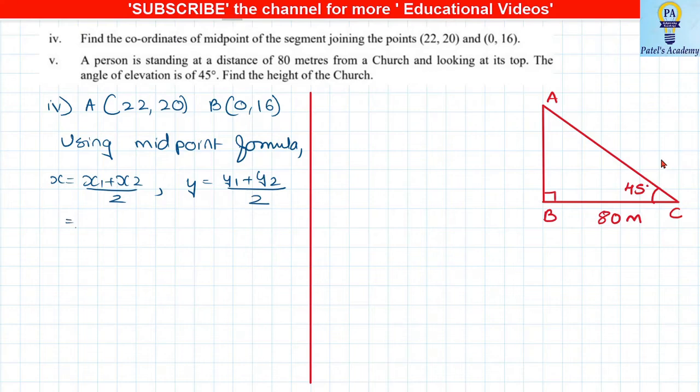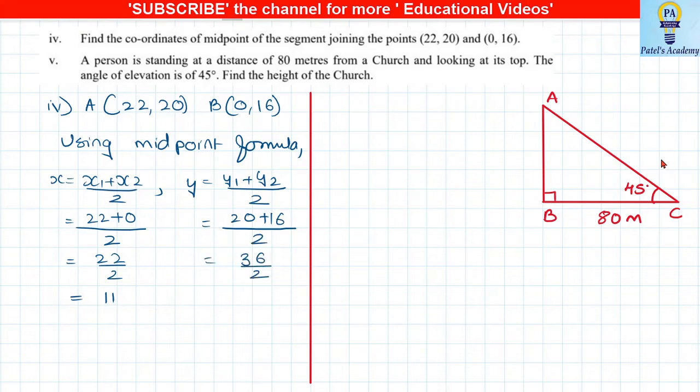So what we have to do is just substitute the values. x1 plus x2 is 22 plus 0 upon 2. So that is 22 upon 2, that is 11. And for y, we substitute the value y1 plus y2, that is 20 plus 16 upon 2.